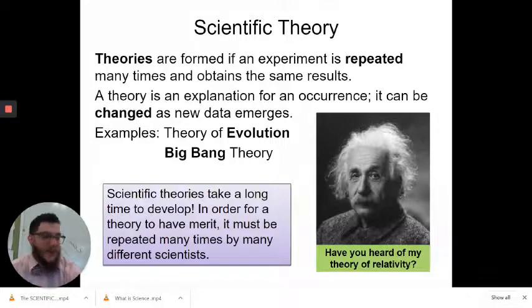So if the theory is, if I drop my wallet, it will fall, okay? So we'll make that a scientific theory. It would mean every teacher in the building has dropped my wallet and it fell, and it's done that every single time. If for some reason they drop it and it doesn't fall, it floats away, does whatever, my theory is rejected and is no longer accepted, and we get rid of it, okay?